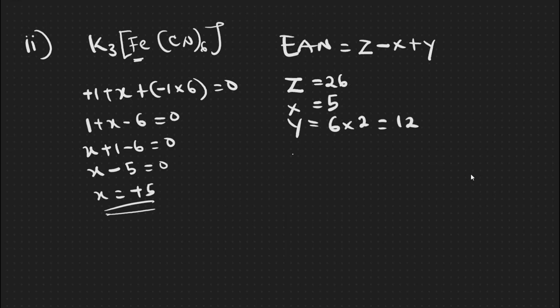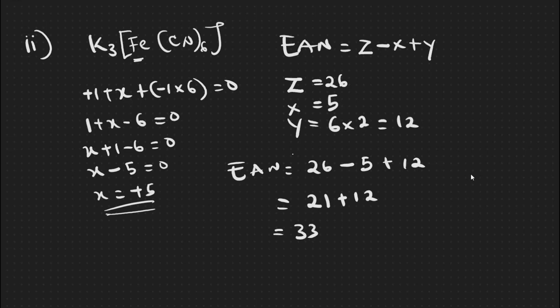So we're going to say 26 minus 5 plus 12. So this is going to be 21 plus 12. The total here is 33. So that is the effective atomic number of this complex. Let's go back to the periodic table and check whether we have a noble gas that has this atomic number on the same period with the central metal, which is this iron.